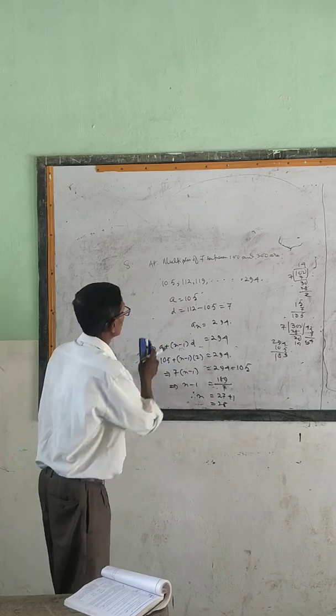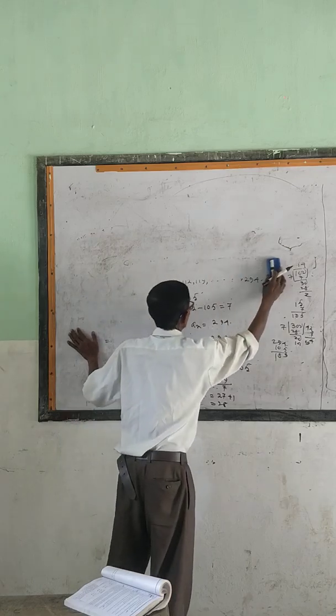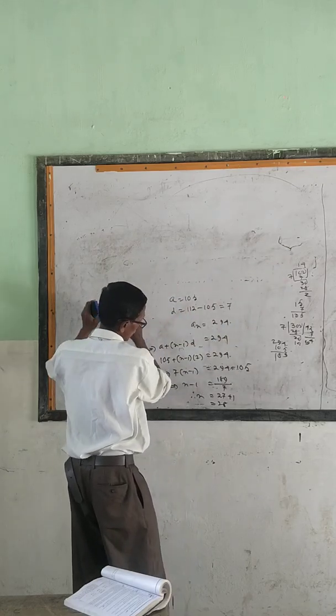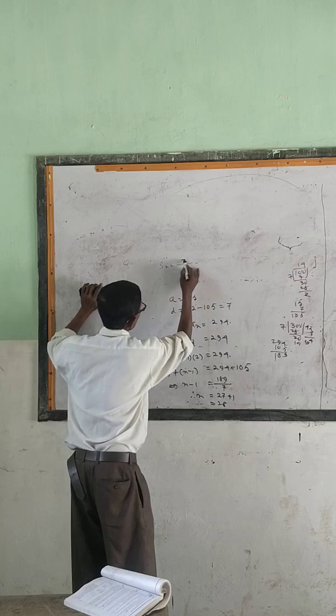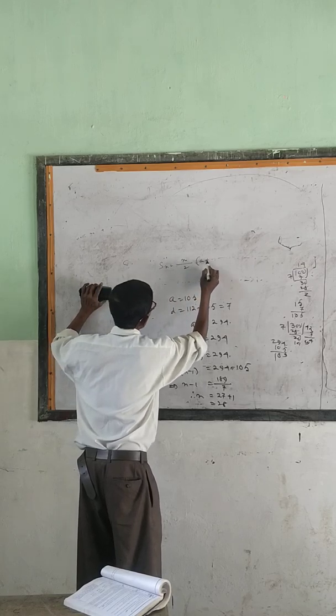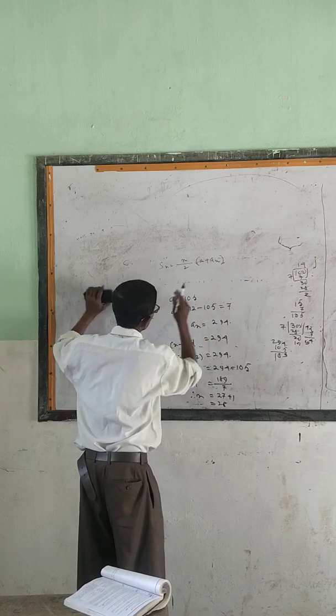They used to ask this for 1 mark; this is for 2 marks. Sn equals n by 2 times (a plus an) is the formula to apply.